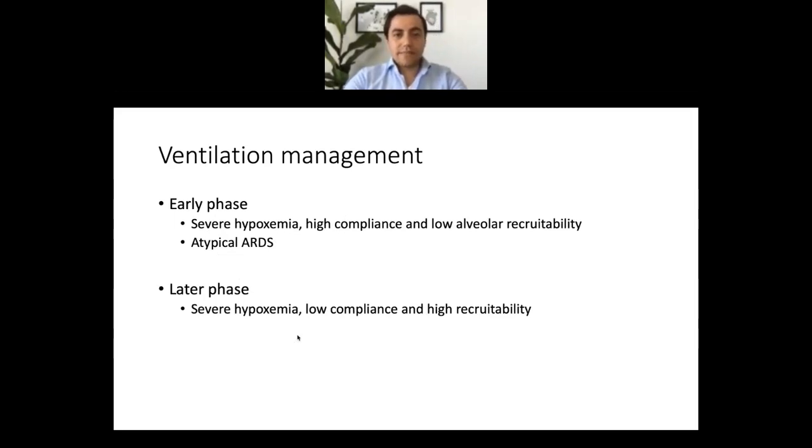So the ventilation management is also a multi-stage management. We have the early phase and the latter phase of the disease. The early phase is characterized by severe hypoxemia, high compliance, and low alveolar recruitability. This is an atypical ARDS. And the latter phase is characterized by severe hypoxemia, low compliance, and high recruitability.